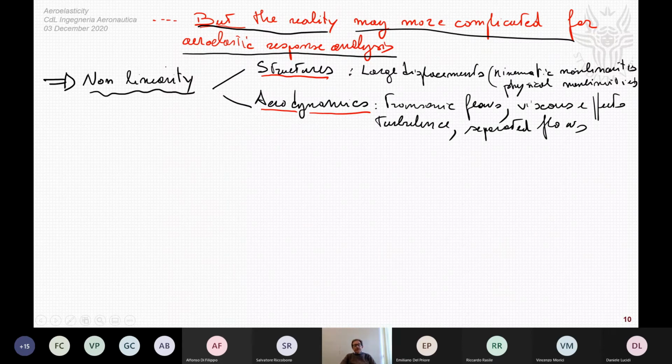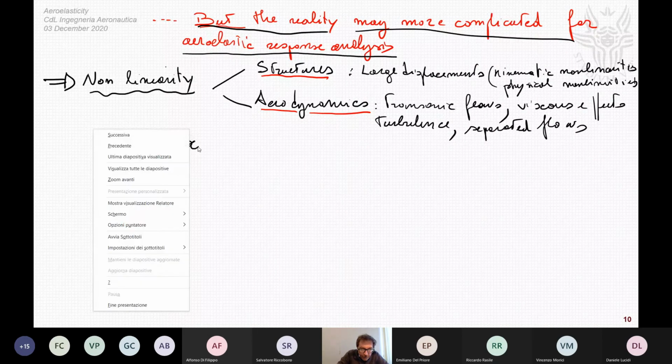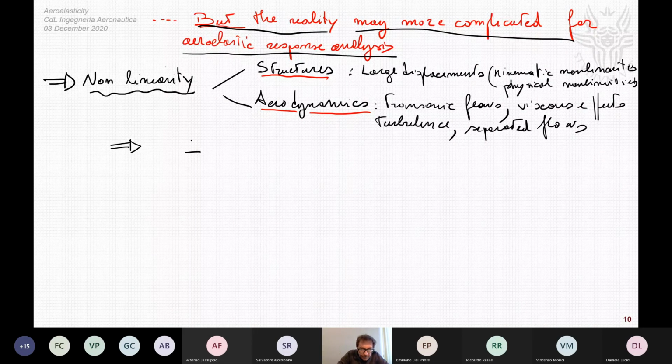In all these cases, imagine being able to represent this kind of physics with a model, you probably will have a final problem described as an evolutive problem of this type.